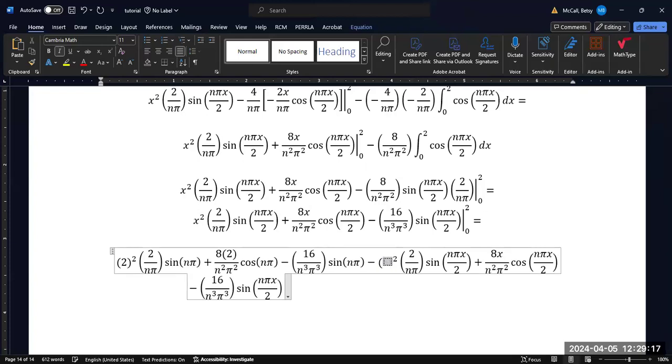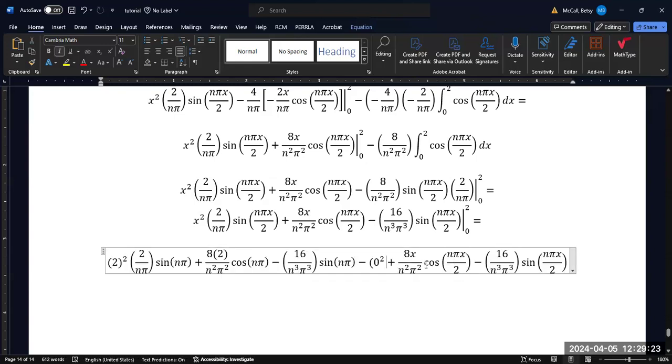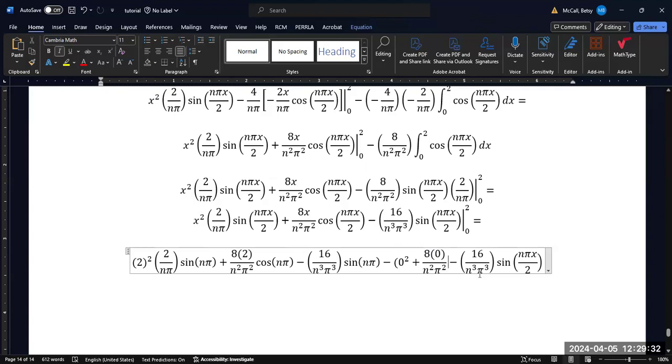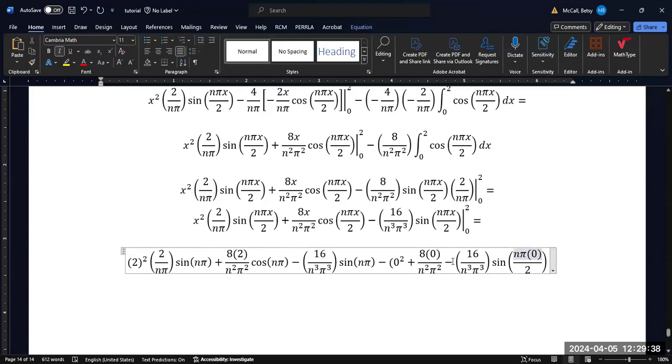And then when I plug in the minus version of this, then this will be 0, which means this whole thing is 0. And when I plug in 0 here, then this whole thing is going to be 0. And then when I plug in 0 here, sine of 0 is 0. And so that means this whole thing is going to be 0.